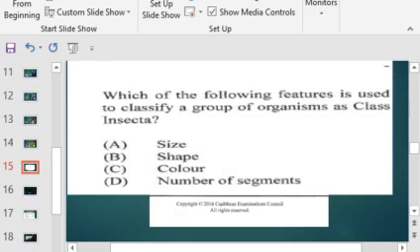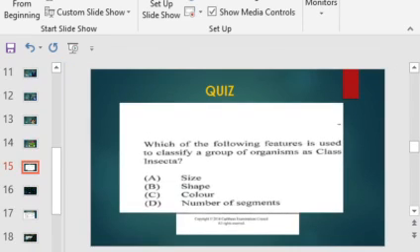Alright, so we are actually at the end of part 1 of our lesson on classification. Now we have one quiz question, really simple and easy. Which of the following features is used to classify a group of organisms as class Insecta?